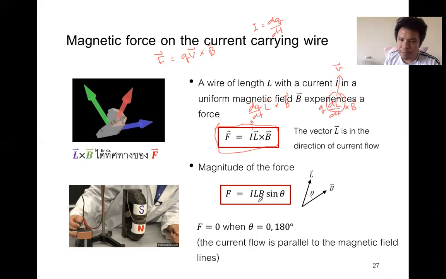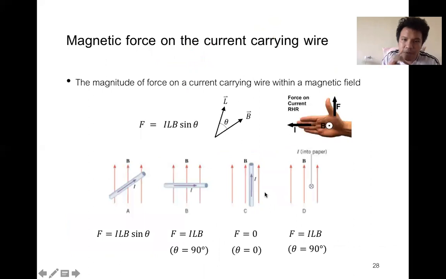Okay, and if the current is in the same direction as the vector L, making the angle theta with the magnetic field, the magnitude of the force becomes ILB sine theta. There are some cases to consider. If I and B are making angle theta, the magnitude of force will be ILB sine theta.